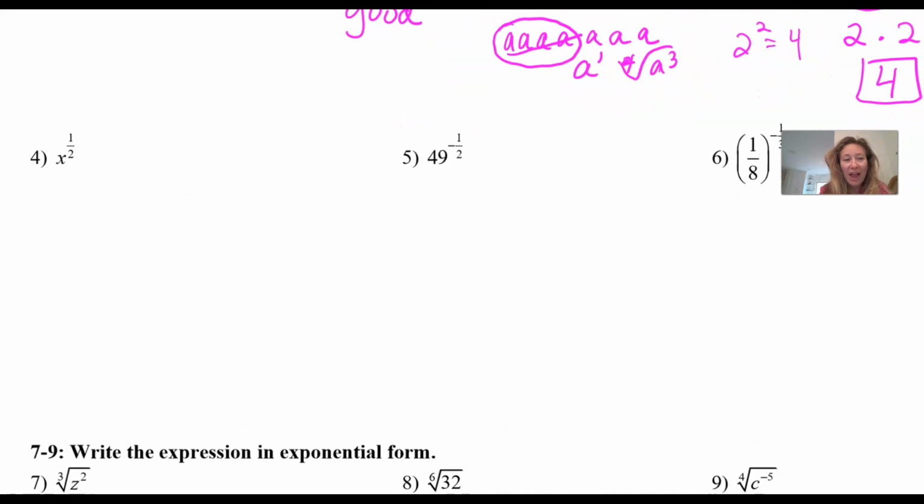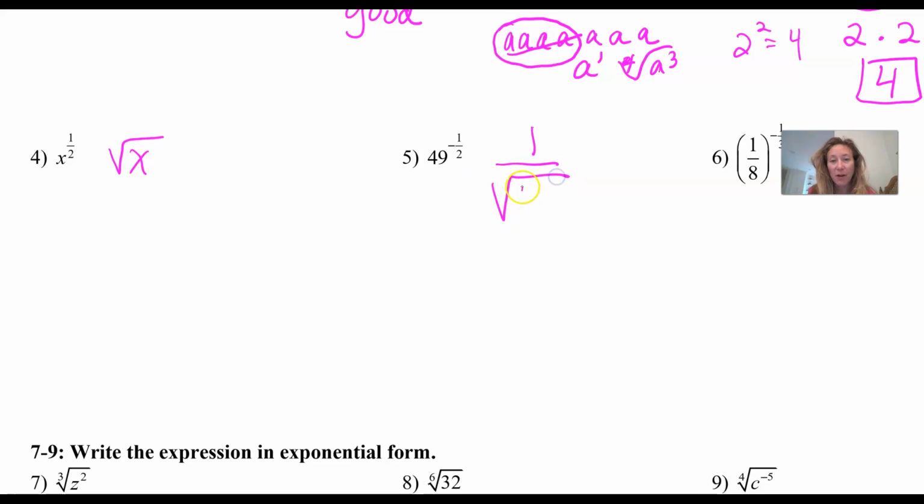Okay, so with the 1/2 power, I just know that that's the square root of x. Easy peasy. For number 5, I have a negative exponent. In case you forgot, negative exponent means in the denominator. So I'm going to write 1 over to begin, and then the expression with a positive exponent will just be in the denominator.